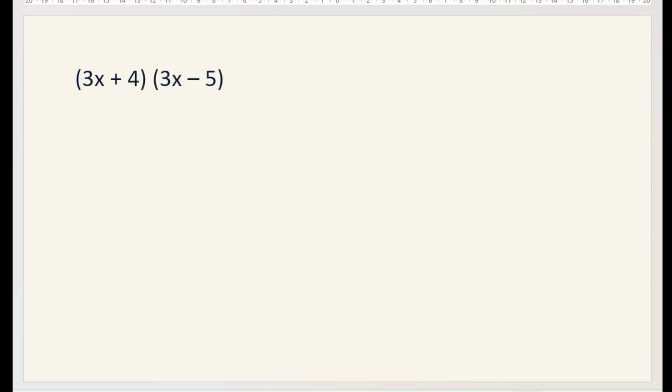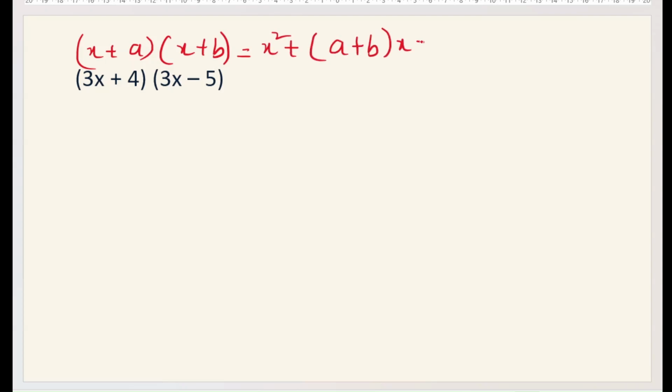Question is (3x plus 4) into (3x minus 5). What identity do we have? (x plus a) into (x plus b) is equal to x square plus (a plus b) into x plus a into b. Now see, what is the value of x over here? First term, that is 3x.